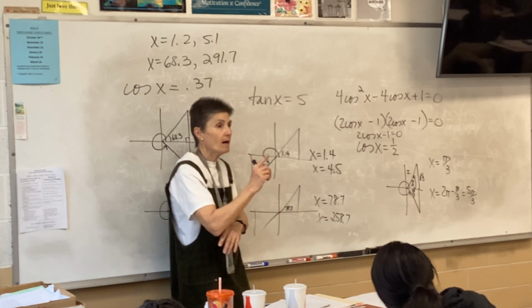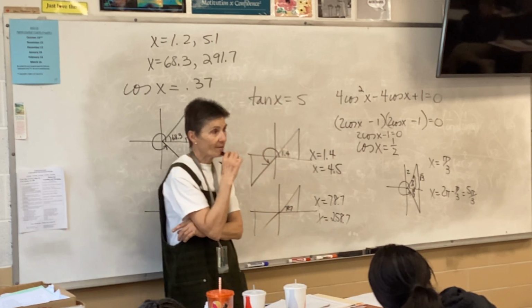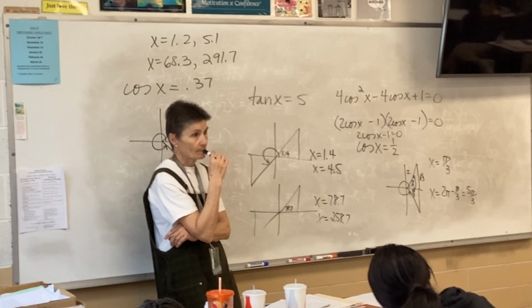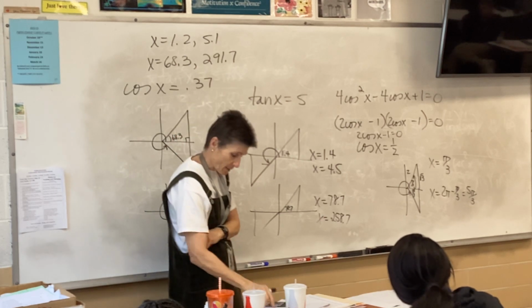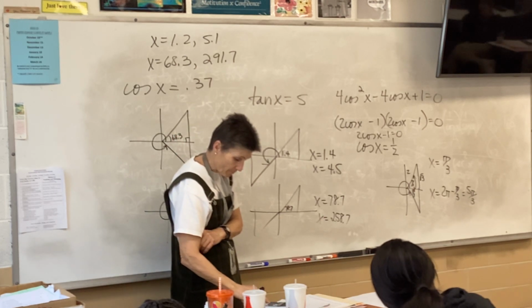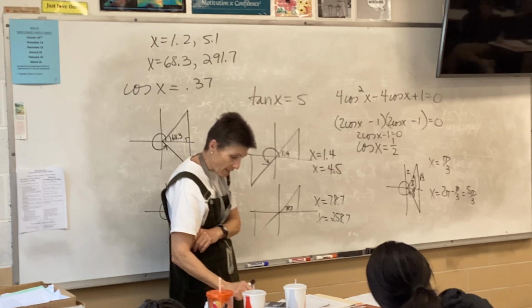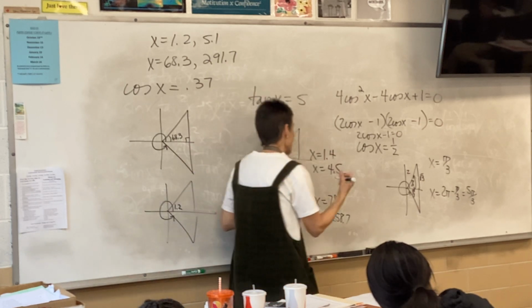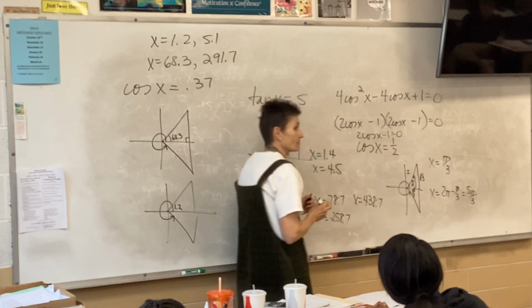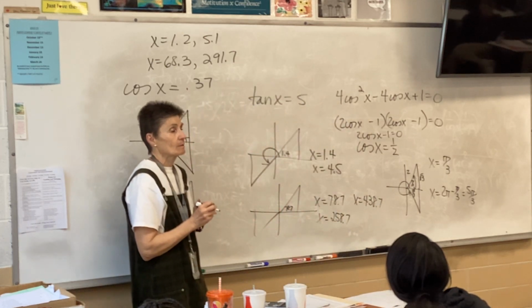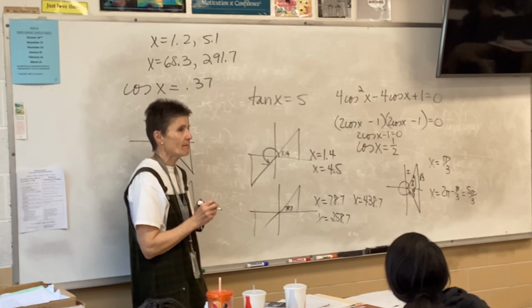Are there any other angles that have a tangent of 5? How about 438.7? What does 438.7 look like?